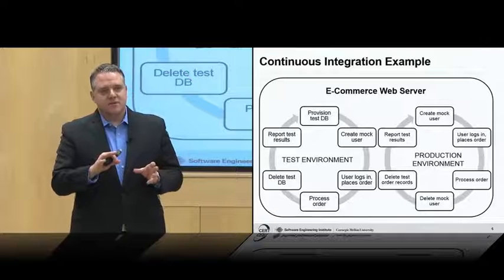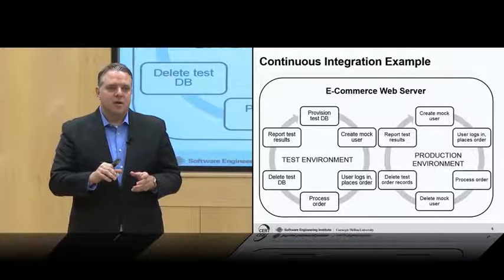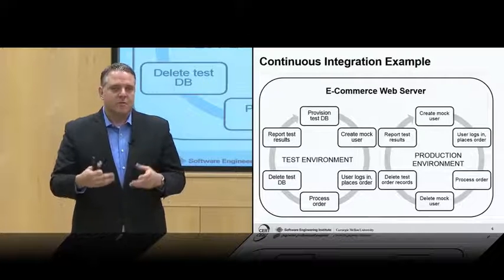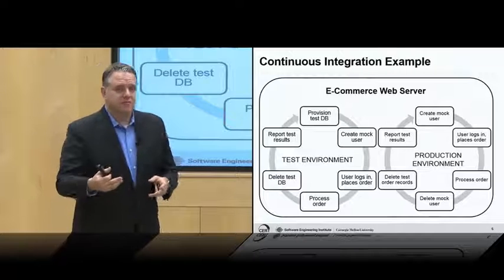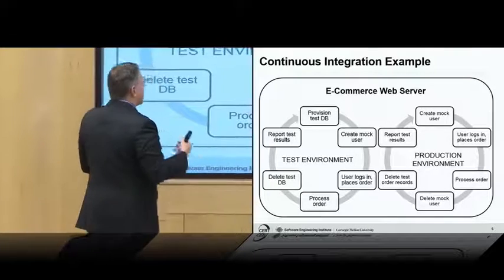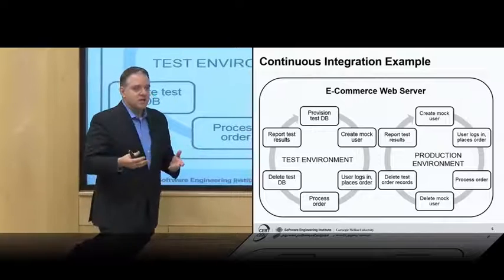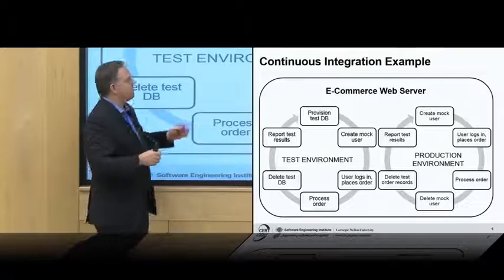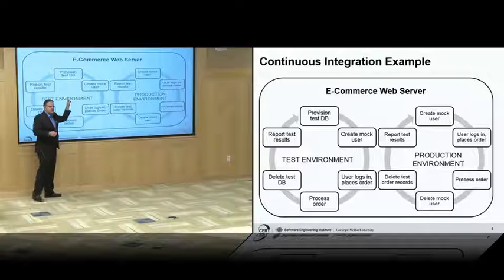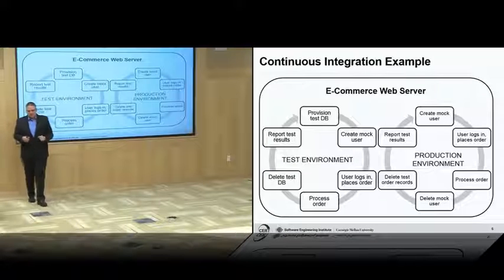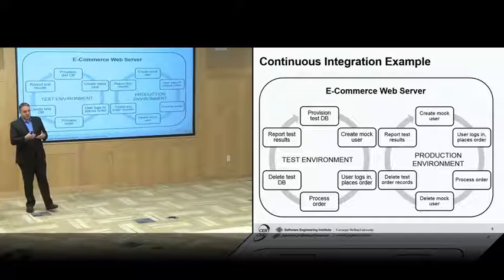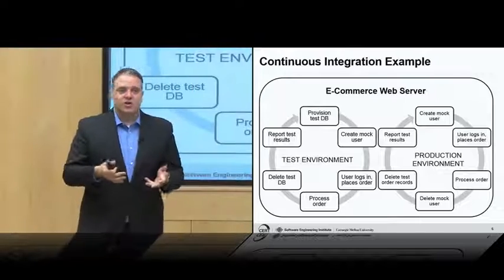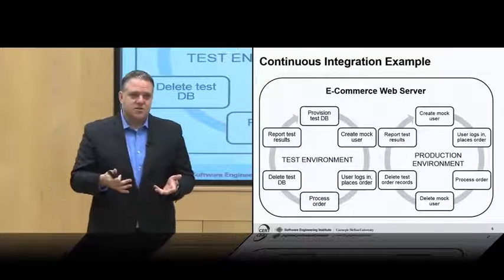Finally here, I'll leave you with an example of what this would actually look like from a test environment and from a production environment. So in the test environment, there usually isn't any kind of live data. So the first step in the process here is to provision some type of test database. With that, your script is going to go and create a mock user or a test user.